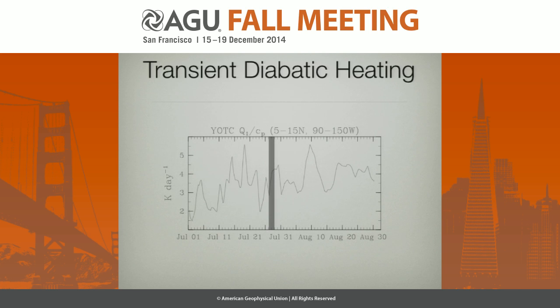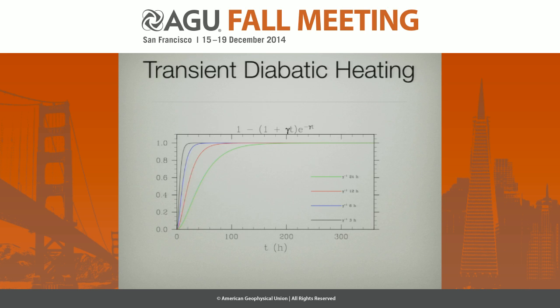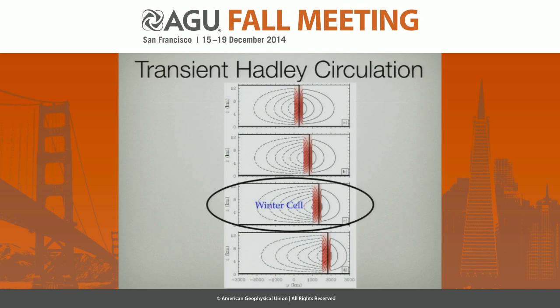And so right now, since I only have so much time, I'm going to look at really the fast switch on because that's where you get the most inertial gravity wave activity. And the idealized function that we're going to use has 4 different switch on speeds. And we're going to look at the fastest one, like I said, gamma to the -1 equals 3 hours, which is the black line.